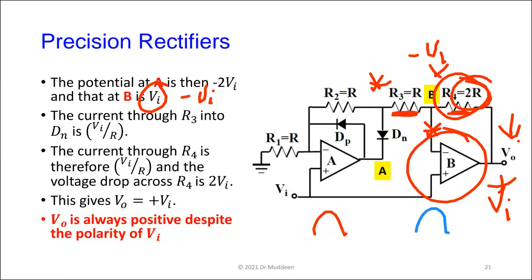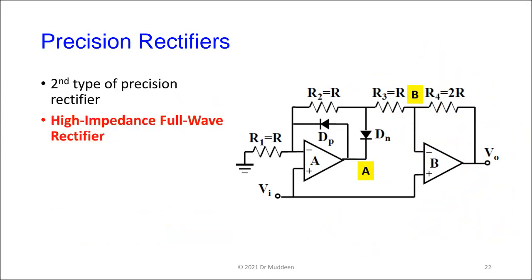When the input is negative, we're getting this happening. So in other words, we're getting the full wave rectifier. The output is always positive regardless of the polarity of the input, which is your full wave rectifier circuit. And in fact, we call that a high impedance, because we're taking the input at the non-inverting inputs here, a high impedance full wave precision rectifier.